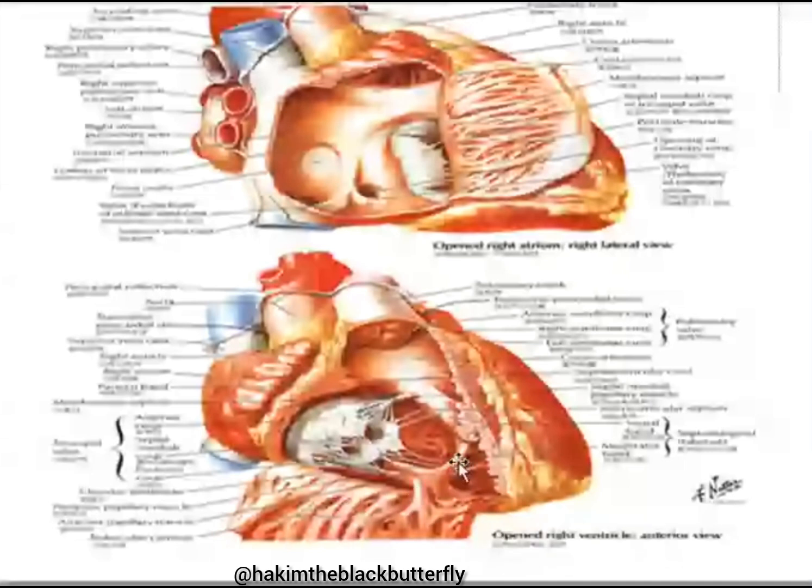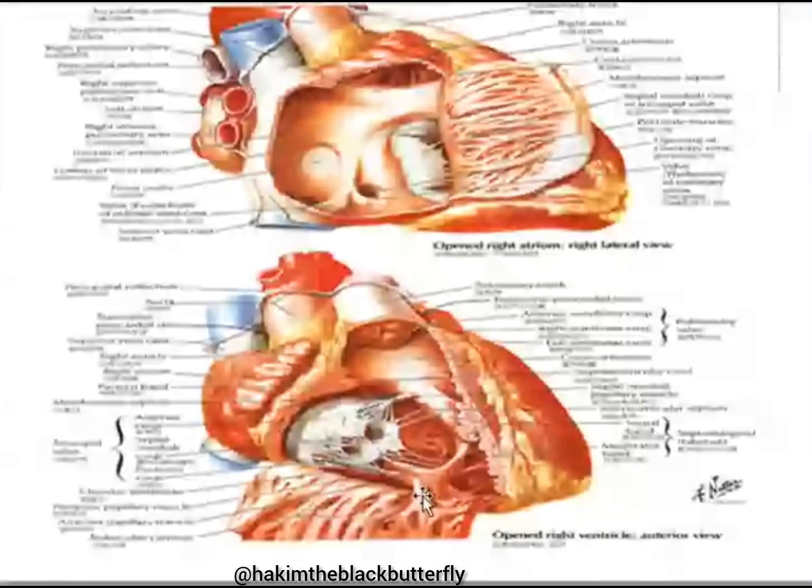Now, this muscle is what we call the moderator band. A cardiac muscle attached between the interventricular septum and the base of the anterior papillary muscles, known as the moderator band.